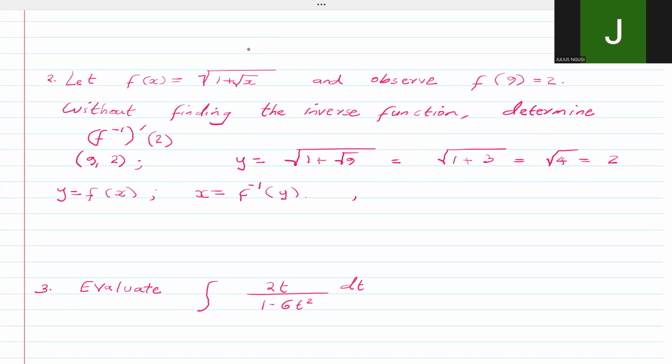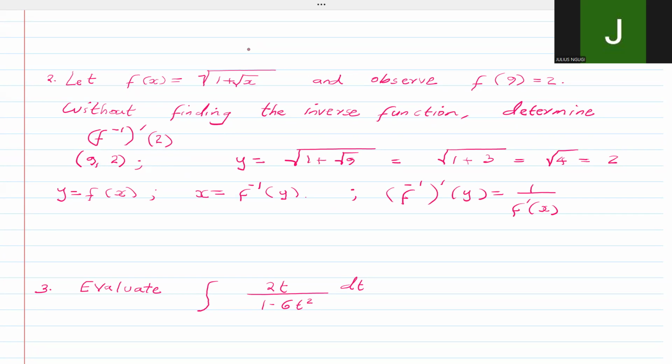The 2 we have here is our y, and we use the inverse function theorem formula: the derivative of f inverse is equal to 1 over the derivative of this function at x.